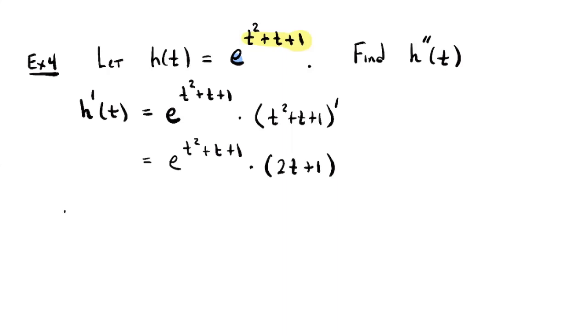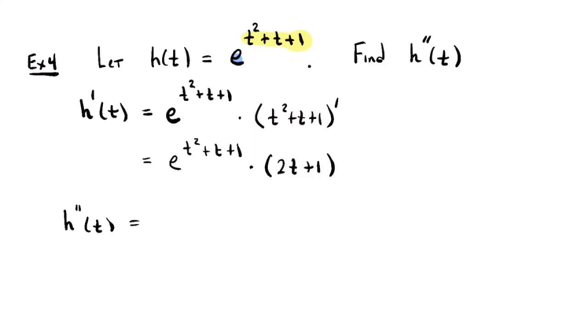Second derivative, we're going to do the same kind of thing. We're going to have to use the chain rule in this first factor. It's going to come up again, but what other rule are we going to have to use? We're going to have to use the product rule because we have the product of this exponential function and this linear function. It's getting a little thick, but we can do it.